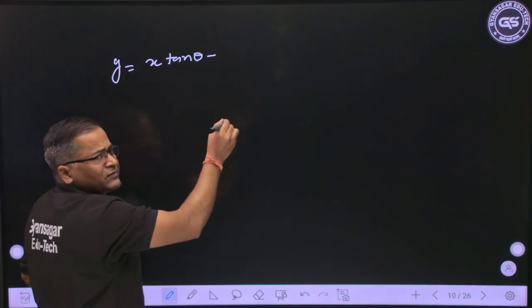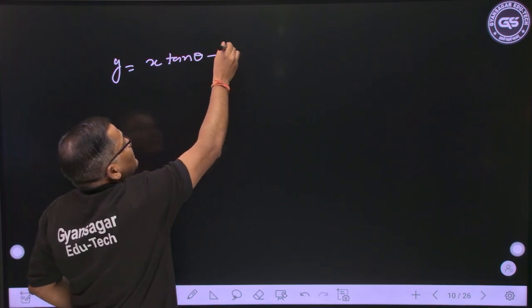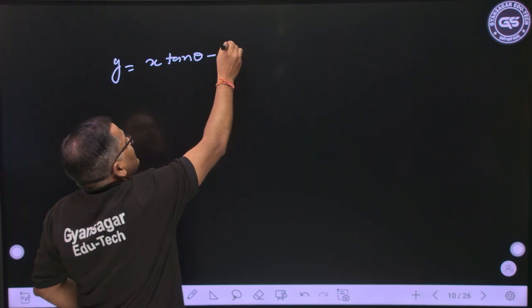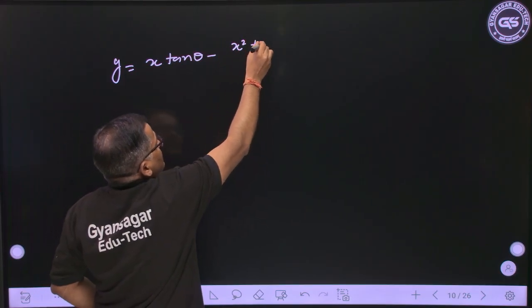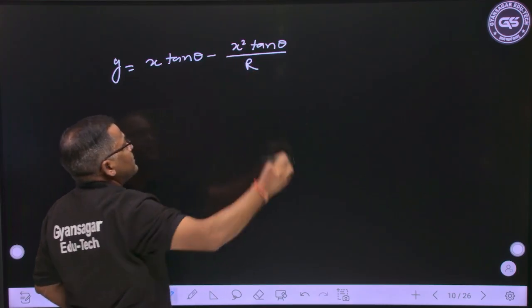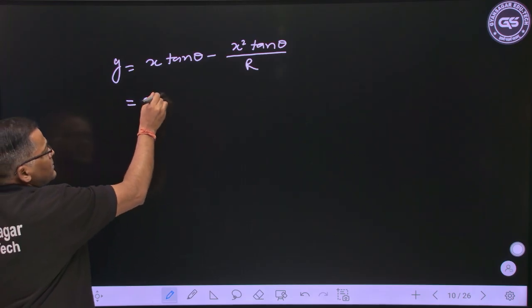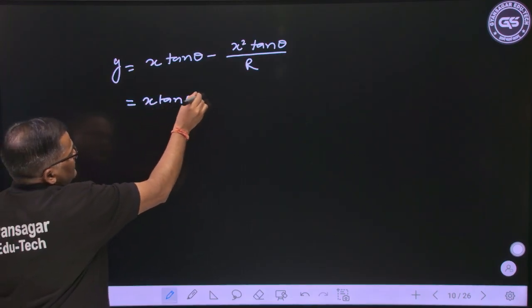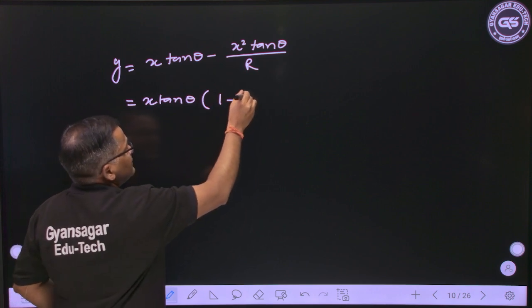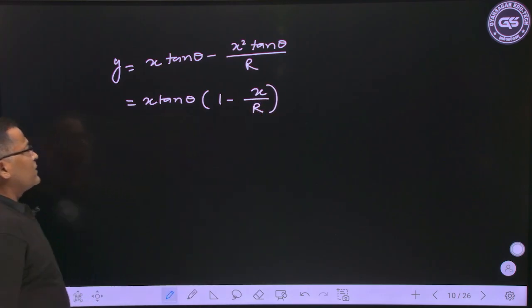I am writing equation once again so that we can do further things, and then we have x square tan theta by r. So my equation becomes x tan theta into 1 minus x by r. This is also an important equation.